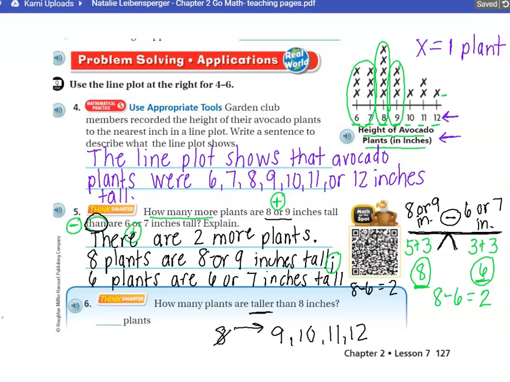Okay, so I'm going to take another color with that. And you can color code with yours too when you're doing this, because I had green up there for my last problem. So now I need to count all of these X's from 9 all the way to 12. So go ahead and count those. And my answer is 7 plants.